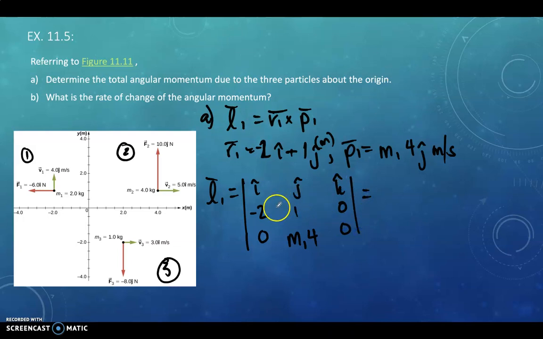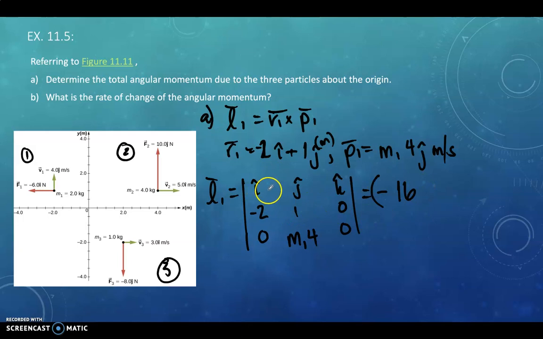So we'll have negative, M1 is 2 kilograms, so we have 2 times 2 times 4, so we have 8 times 2, which is going to be 16. And this is going to be in k. Sorry, this looks kind of confusing.